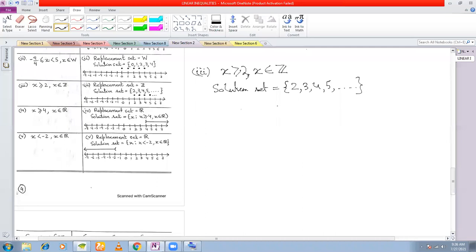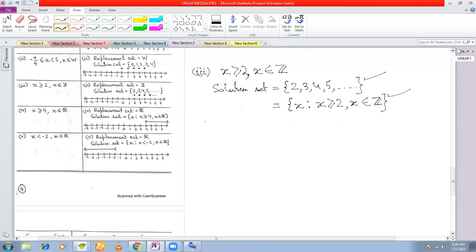Because this is an infinite set, you can also write this in set builder form: x such that x greater than or equal to 2, x belongs to the set of integers. So either this is your tabular form, or this is your set builder form.